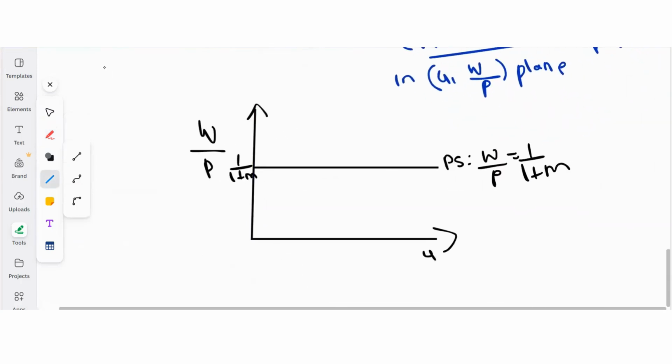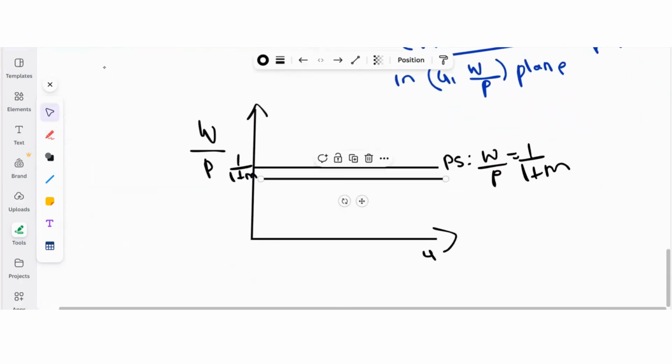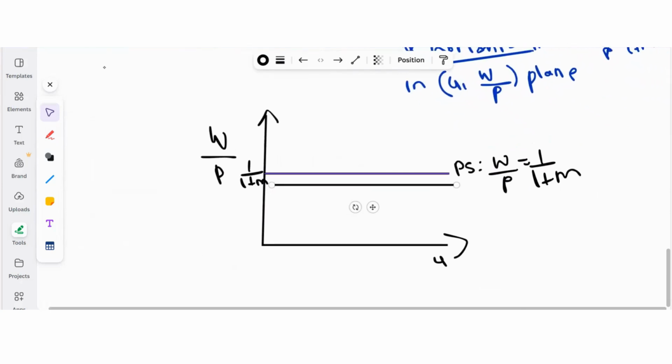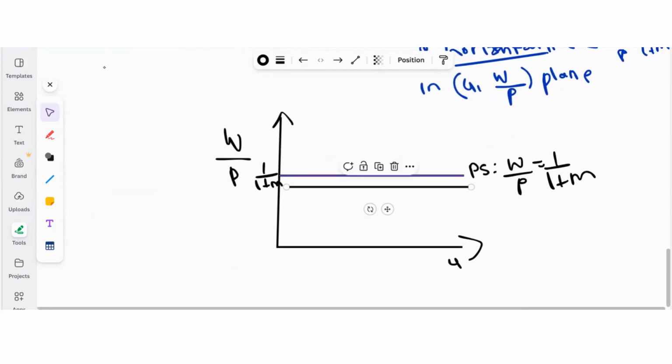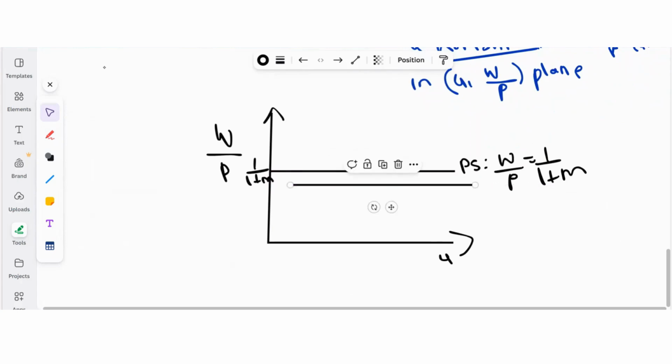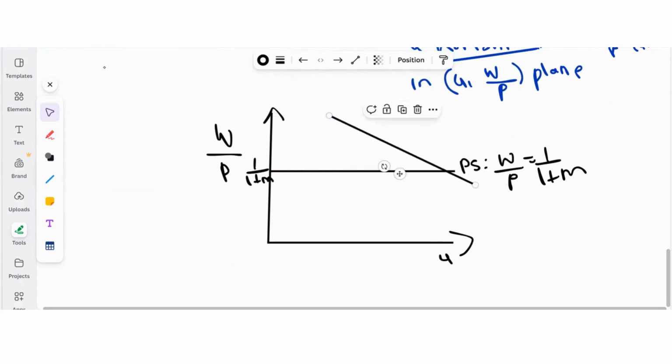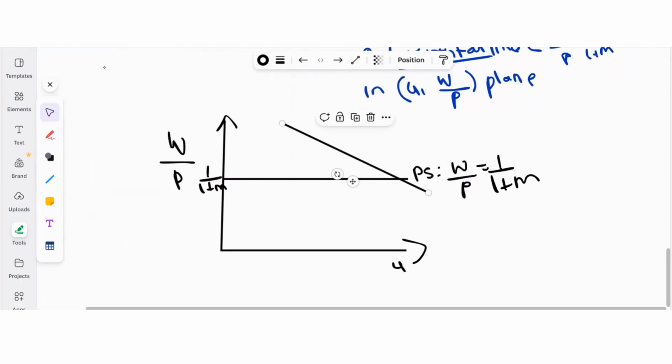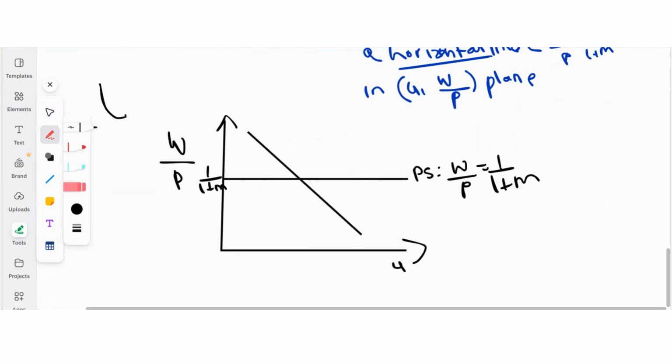And like we discussed, the price setting curve is drawn as a horizontal line at 1/(1+μ) because regardless of the unemployment rate, the real wage implied by PS remains at 1/(1+μ). Now the wage setting curve, like we talked about, is a downward sloping straight line, and we're not drawing it as a curve like in the book, because in this case W by P is a linear function.